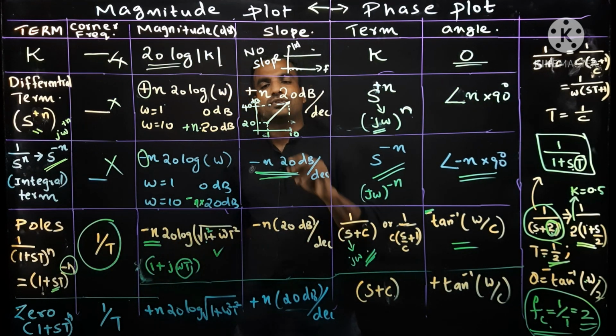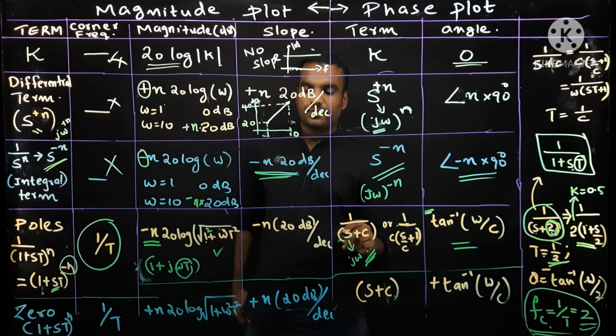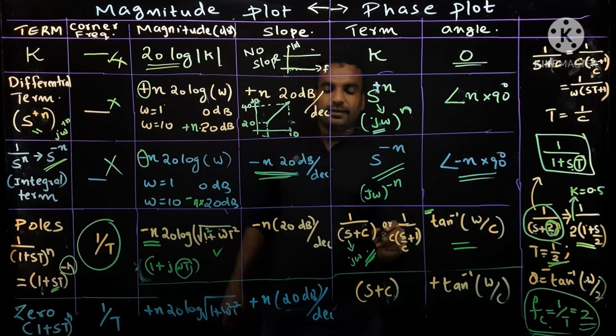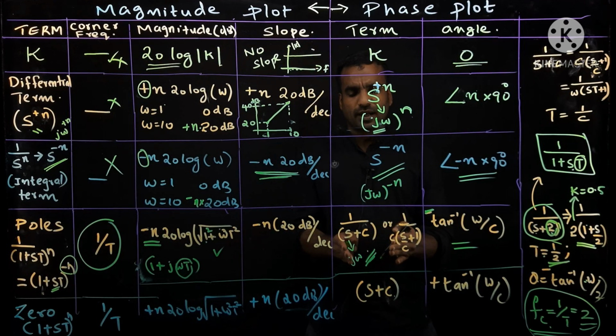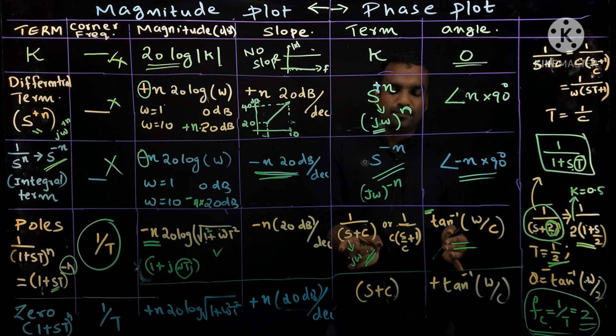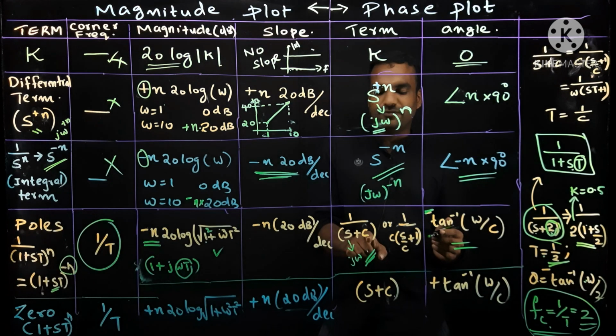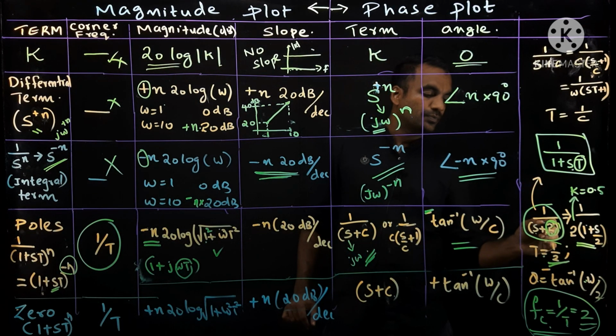And its concept of the slope will be same as this. You have to draw like this only. And for finding the phase plot, I suggest you keep the things in unstandard form, so that this corner frequency can be easily found. Suppose this is 1 by s plus 2.